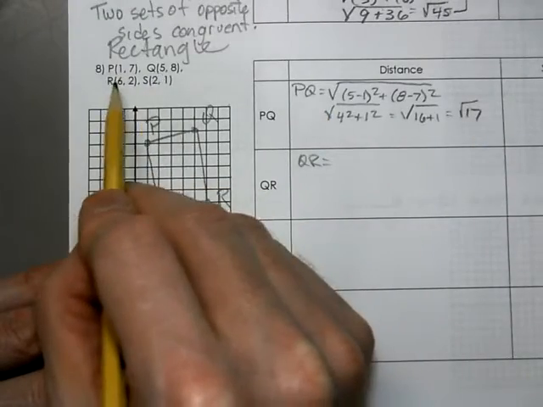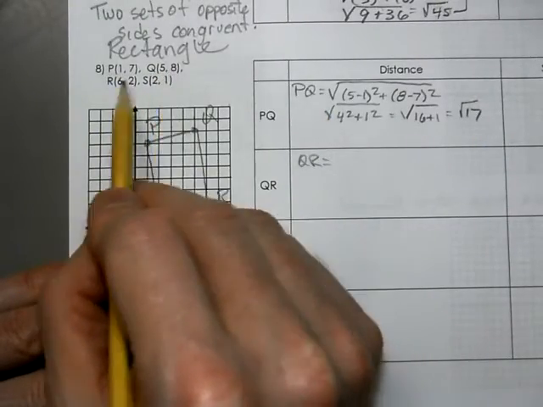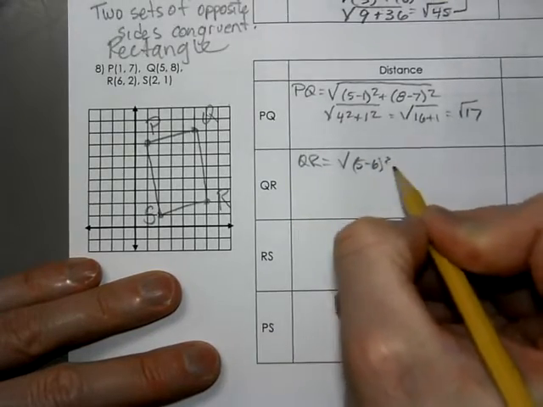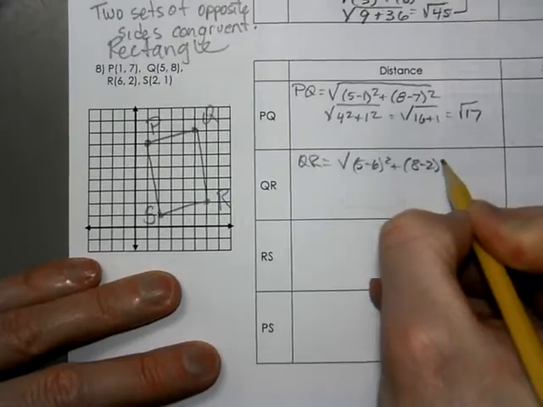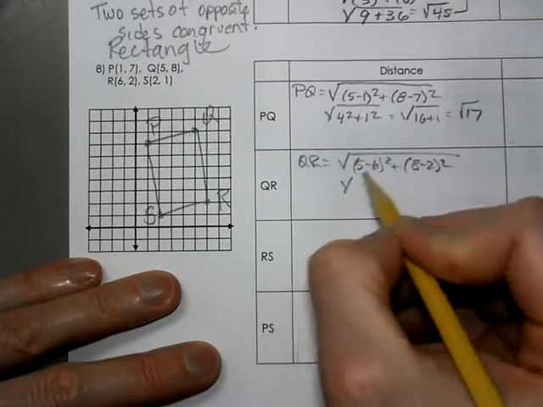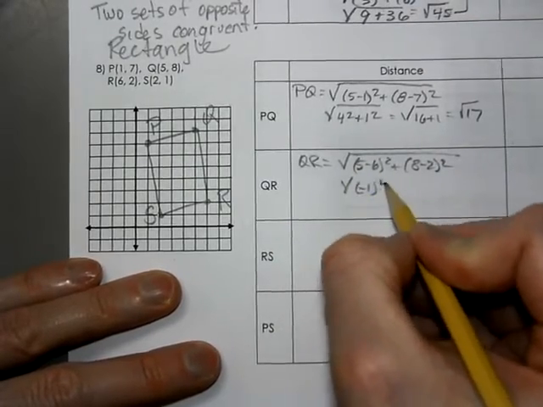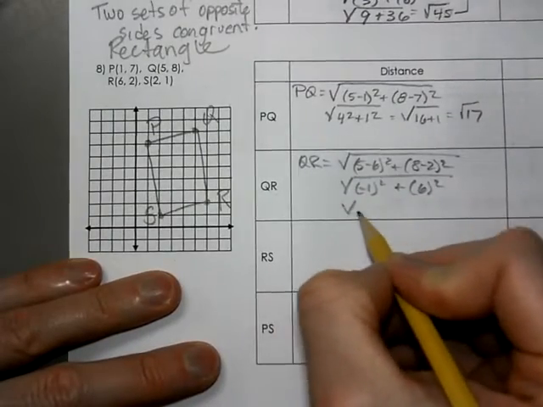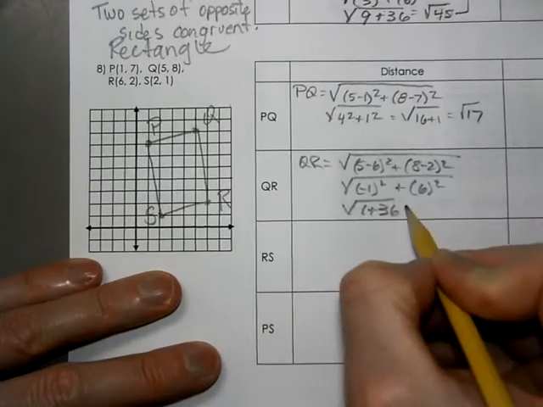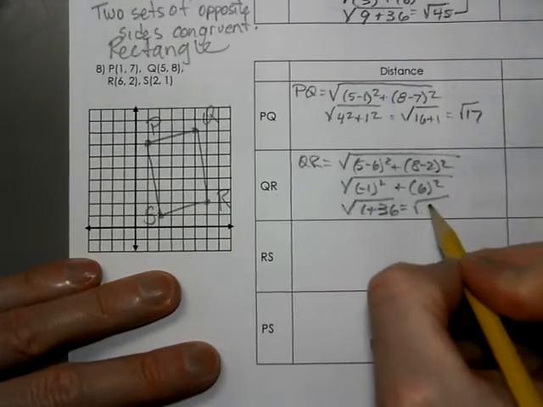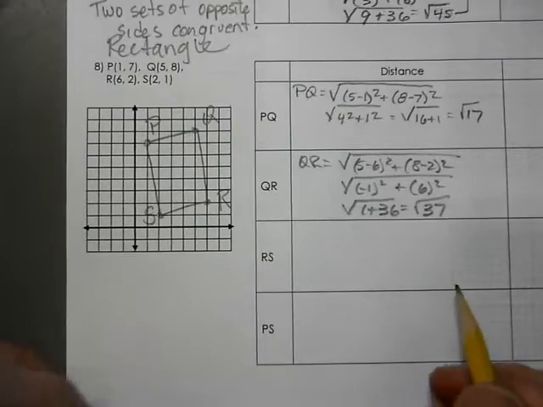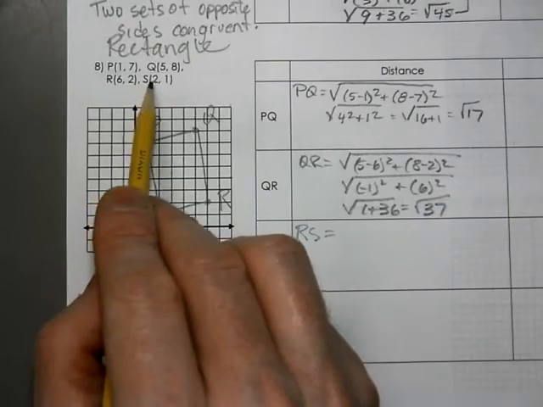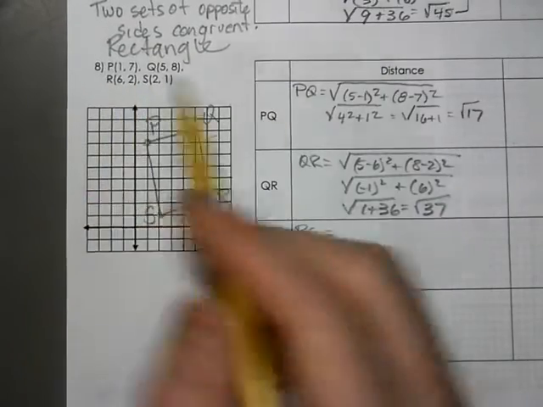QR, 5 minus 6, 8 minus 2. RS, 2 minus 6, 1 minus 2.